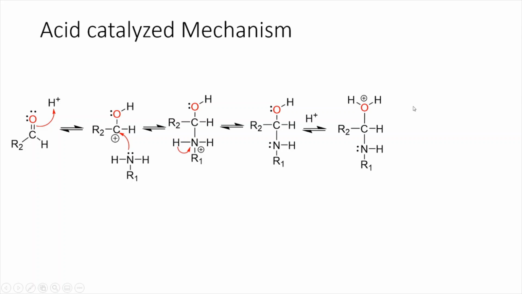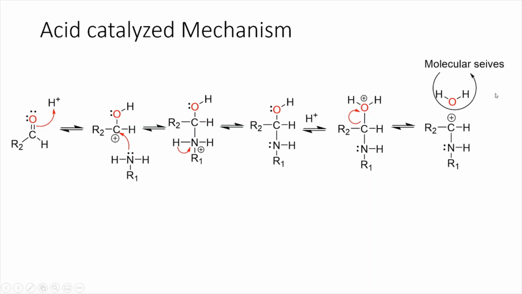And then in the presence of this proton, like an acidic proton or acid, you are already using acid, this oxygen will be protonated again to kick out as water from this reaction. So this bond will break down, and this carbon will form a carbocation with this water molecule, and then molecular sieves will take out your water to make this intermediate stable, and this lone pair of electrons will go to the carbon to make the double bond, and it will form a positive charge here.